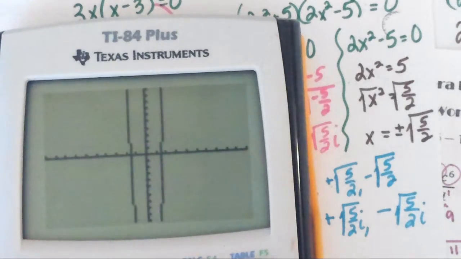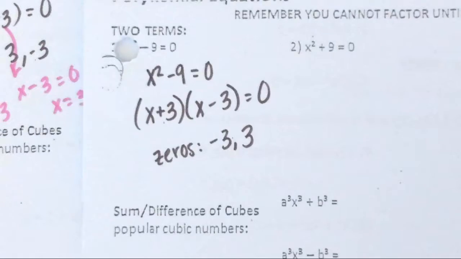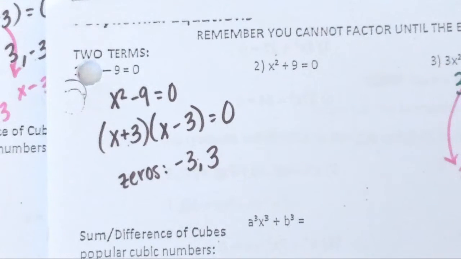Okay. We're going to let that one go and go back to number 2. Any thoughts on number 2? Thoughts on number 2? Do you know how to factor that, x squared plus 9?